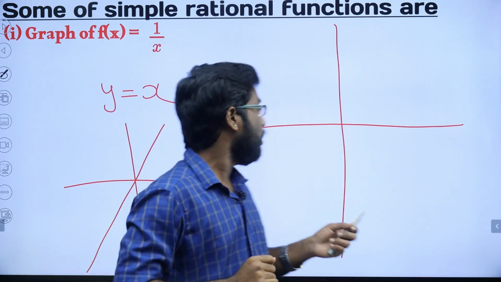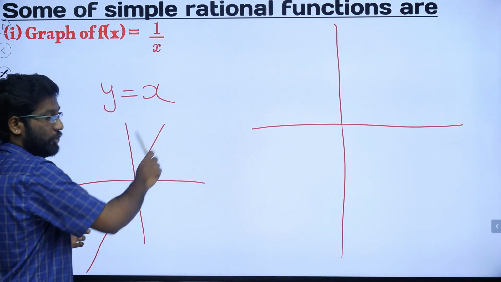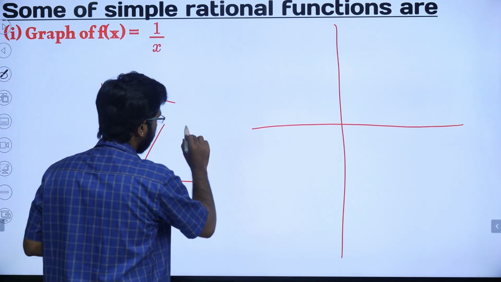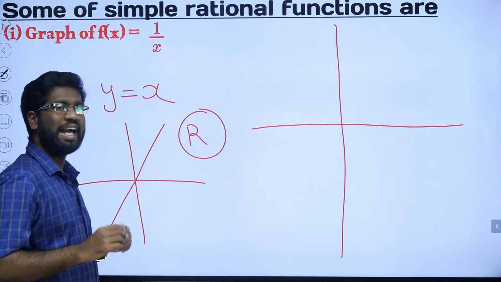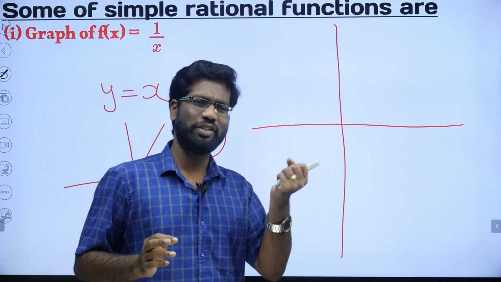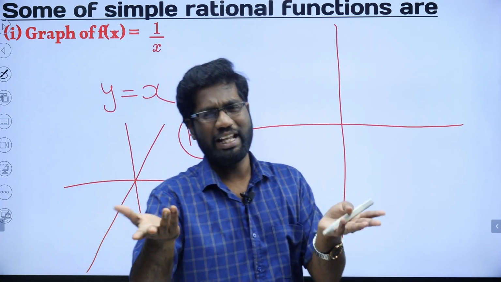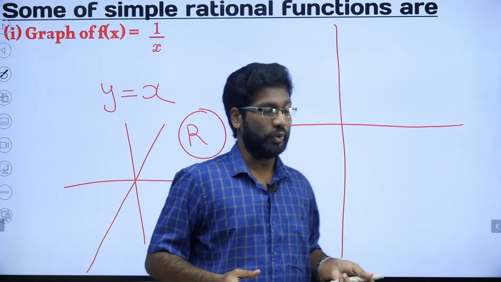For example, here y is equal to x, what is the domain? The domain is R. So for every real number, there is a defined value, because whatever input I am giving, the same output I am going to get. So there is no problem at all.